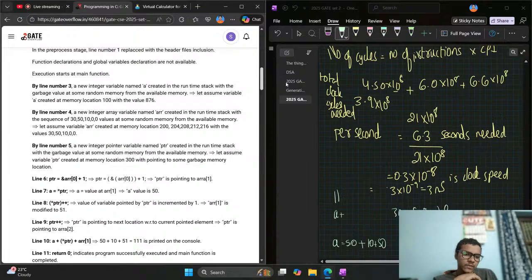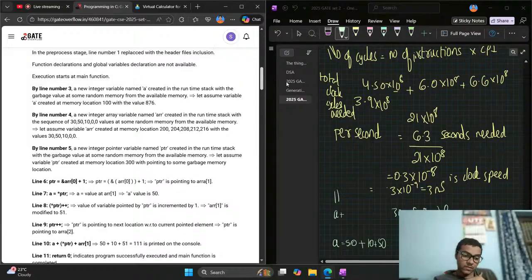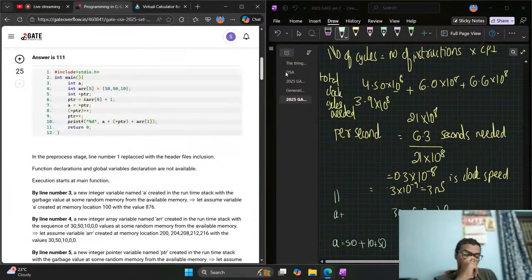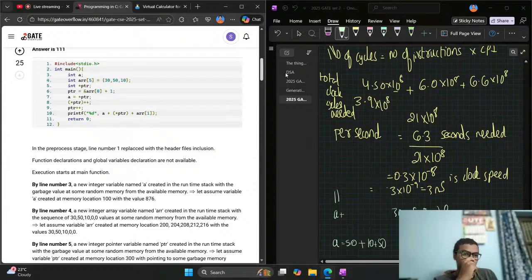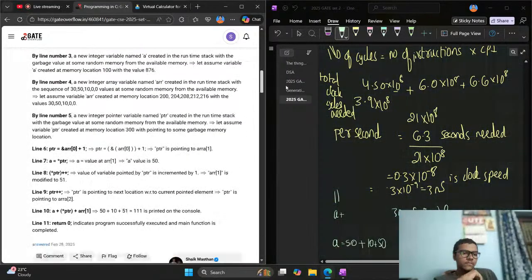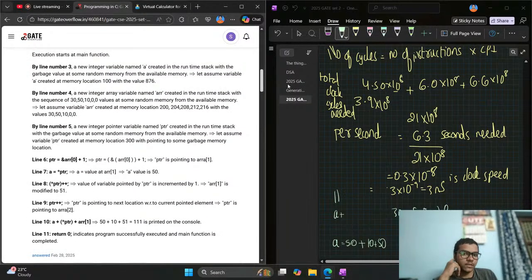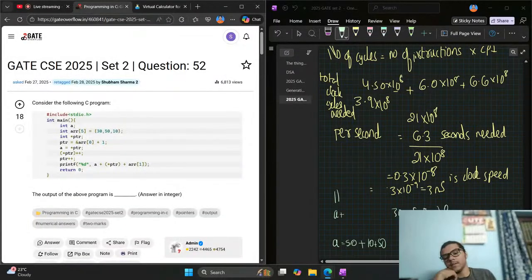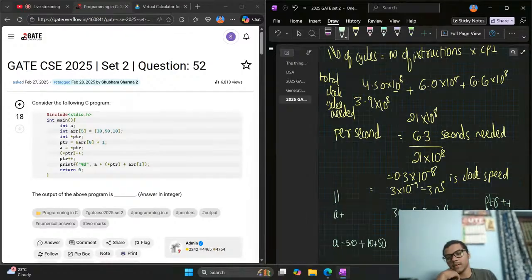Value of variable. Okay, you are not updating the pointer, you are updating the value pointing to the pointer. Okay, pointer plus plus is updating pointer and star ptr is updating value inside pointer.